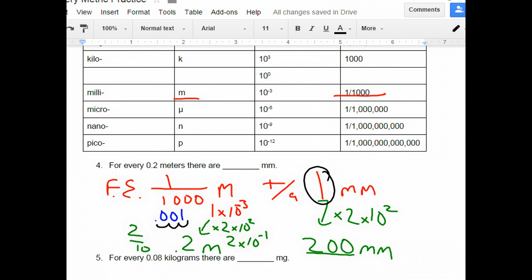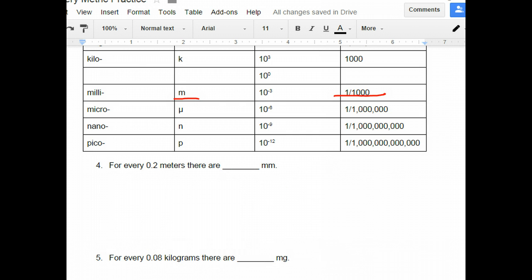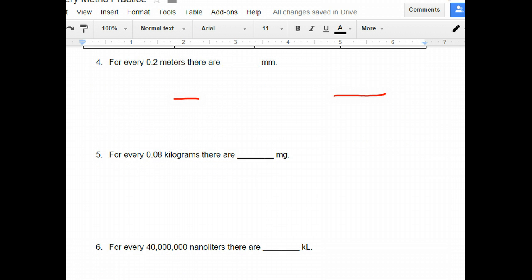So if I move the decimal here, 1, 2, 3, I get 2 zeros on there. So this is all interrelated numbers, and that's kind of what we want you to see today, is how these numbers are interrelated. Let's do one more. For every 0.08 kilograms, there is a certain, actually we'll do these next two.